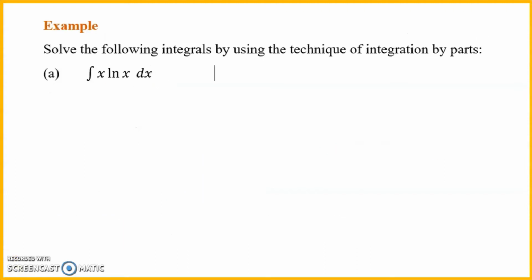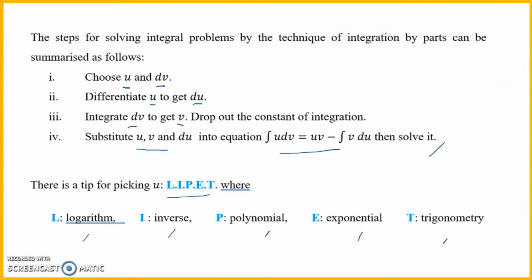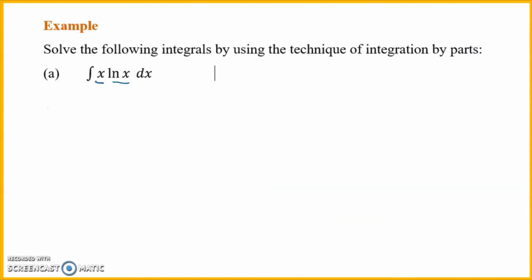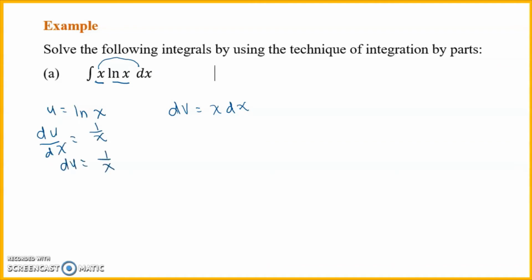For this example, we have a polynomial function and a logarithm function. So the logarithm function comes first. In this case, we're going to choose u equal to ln x, and the leftover x dx we will keep as dv. Then differentiating ln x gives us 1 over x, and we can rewrite this as du equal to 1 over x dx.